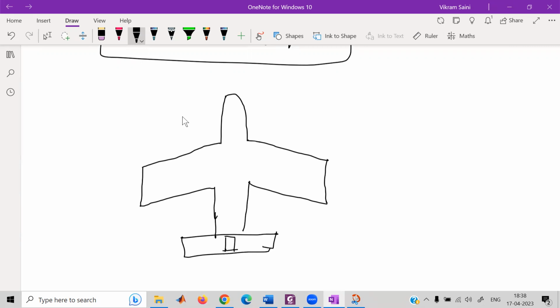Okay, so the top view of a typical aircraft looks like this.